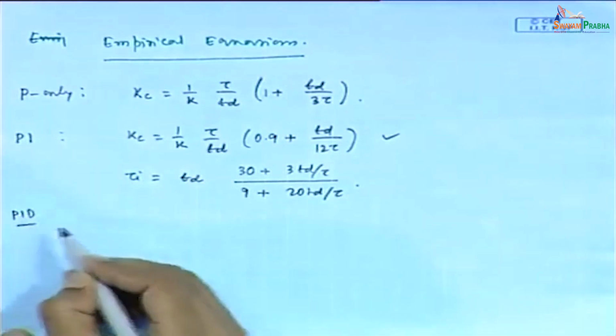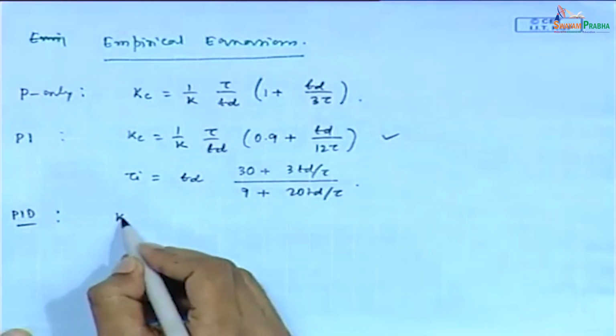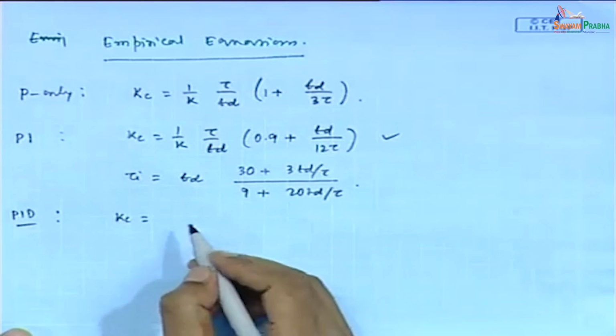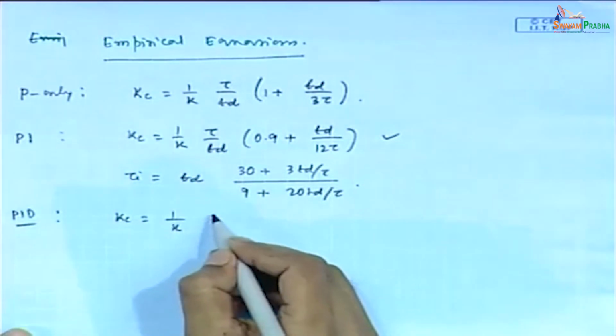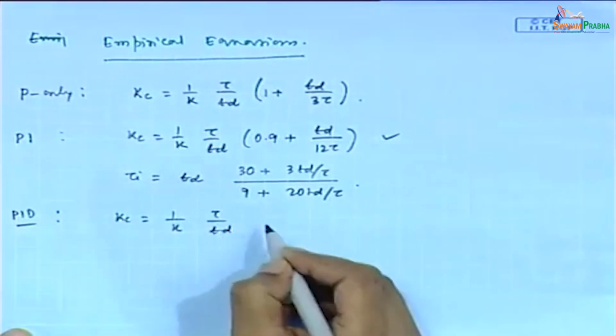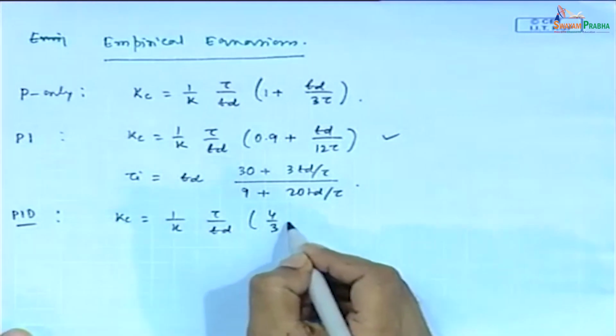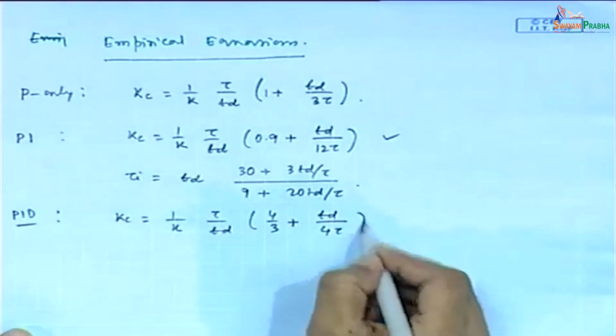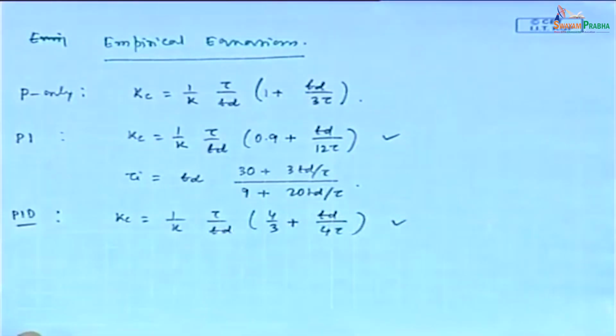For PID controller, they derived three equations, one for Kc, one for tau i and one for tau d. This expression they got for Kc.